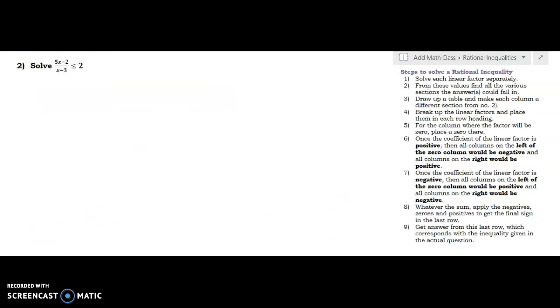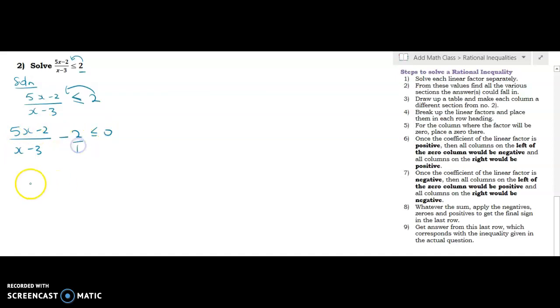So if you're given this to solve, the first thing I analyze is, is there a 0 here? And there's no 0 here. So what I'll do, I'll send this across here, and I will begin to simplify. So this is how my solution will go. 5x minus 2 over x minus 3, less than or equal to 2, will now become 5x minus 2 over x minus 3, minus 2 is less than or equal to 0, and I'll find the LCM here.